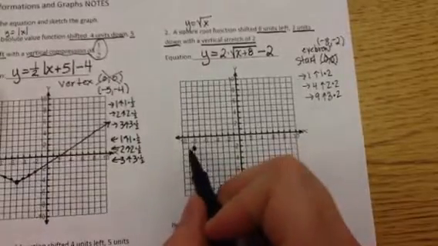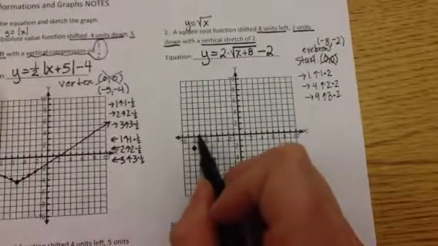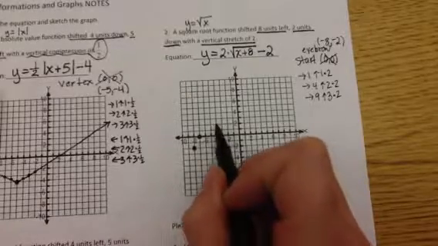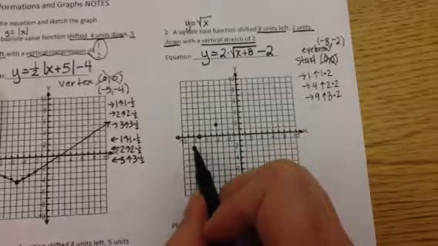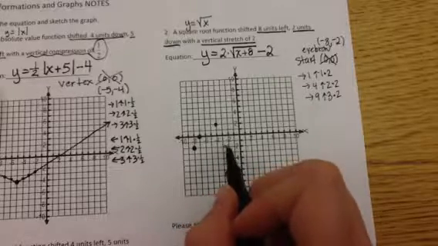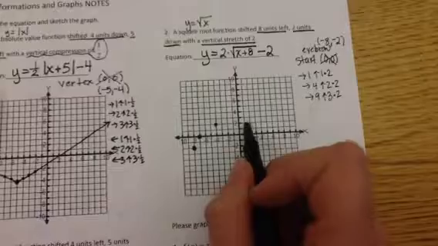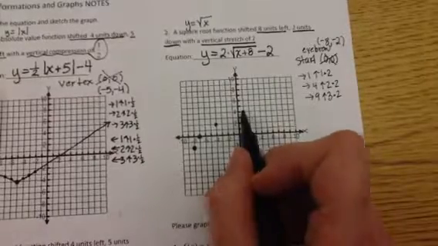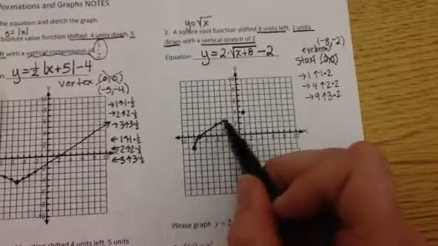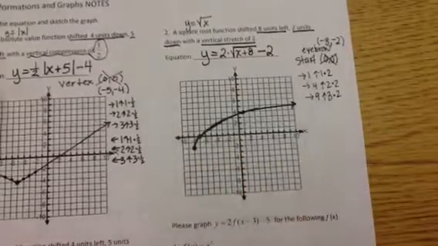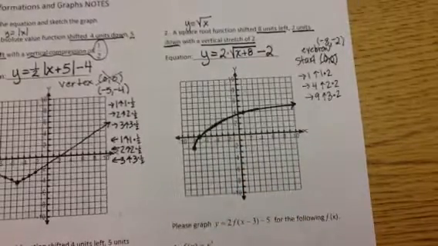So I'm going to be moving over 1, up 2, over 4, up 4, over 9, up 6. And then I'm going to draw that eyebrow shape. Notice that it does look stretchier. It kind of looks like a surprised eyebrow now.